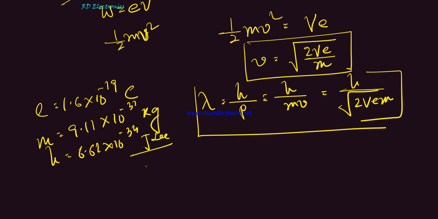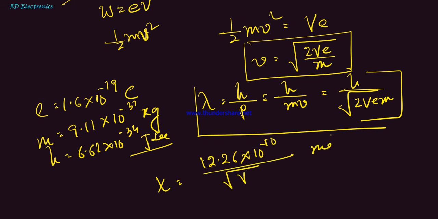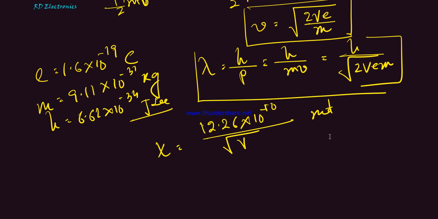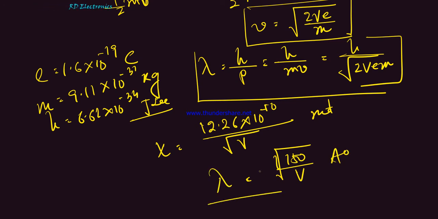Now if we put these values here, we get approximately 12.26 into 10 to the power minus 10 divided by root over capital V, in units of meter. Now if we express it in Angstrom unit, this equals root over 150 by V Angstrom. This is lambda, that is, the wavelength.